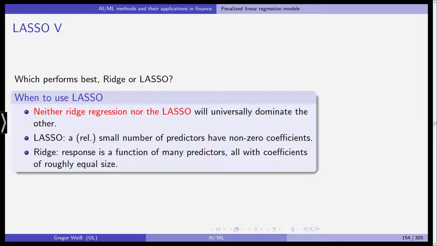For example, if you have 1,000 predictors and you only expect 5, 10, maybe 20 of them to have non-zero coefficients, you should use Lasso because you're not interested in hundreds of coefficients to be close to 0 but not equal to 0. You should use ridge regression if the response is a function of many predictors, let's say all 100 or 1,000 predictors, and all coefficients are roughly of equal size. Then you should use ridge regression.